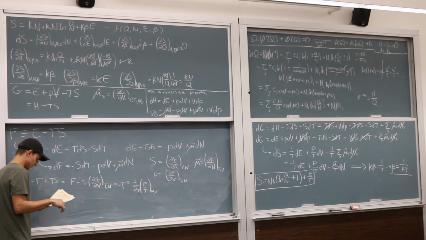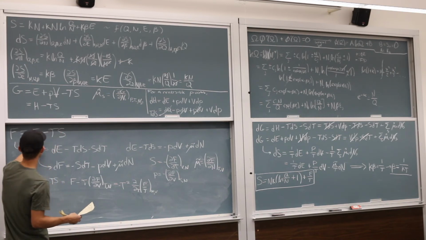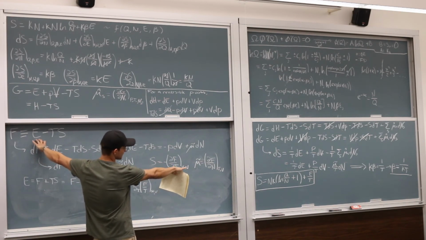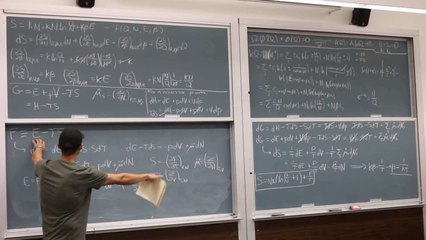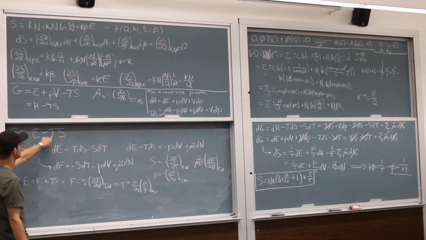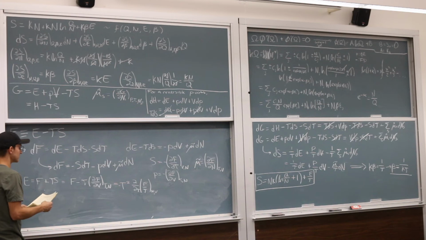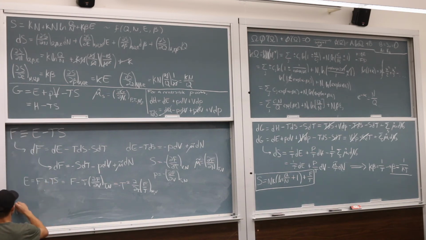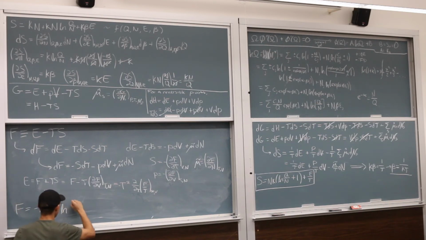Given our expression for the entropy, F is just in terms of Q and N, because you have E over T and then E minus T times S, so the E over T term falls out. So F itself is equal to minus T N K times the natural log of Q over N plus 1.